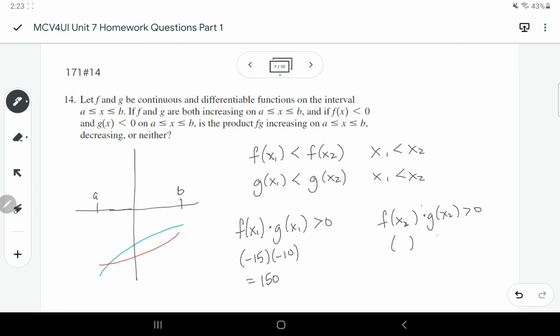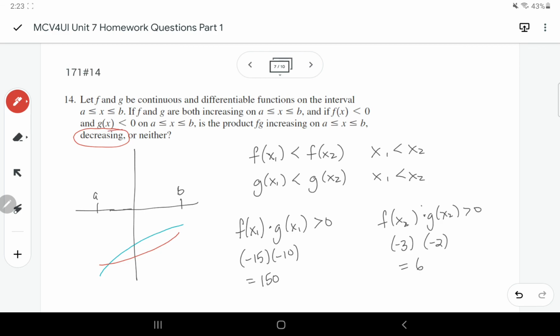But bigger negative actually means a smaller absolute value, so this might be like negative 3 and negative 2. When you multiply those, you get 6. So I'm going to say that the product of f and g is going to be decreasing.